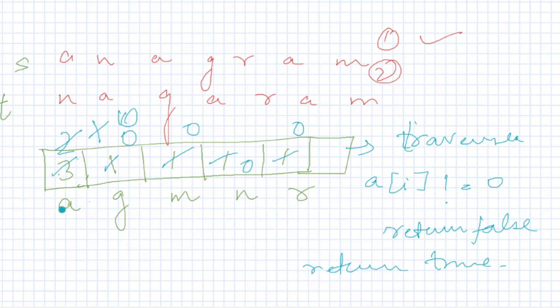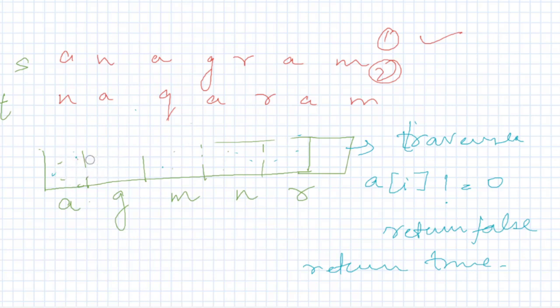Now instead of iterating twice, you can do it in a single array traversal. Since the length is the same, you can take advantage of that: for each and every position I, for S you will increment, and for T you will decrement.